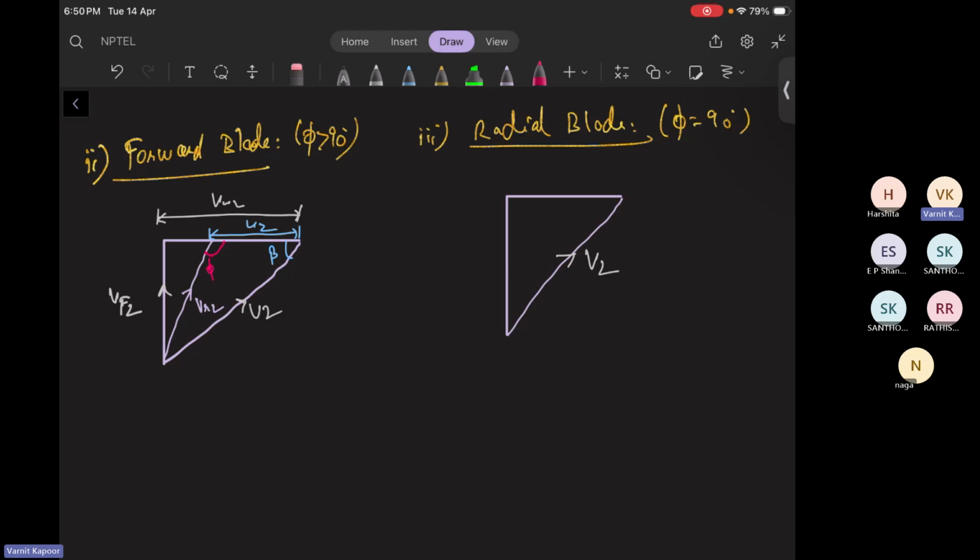Your phi is exactly 90 degrees. Your beta is this one. The flow component VF2, and this is VW2, which is generally equal to U2 itself. All right, let me just track this figure.